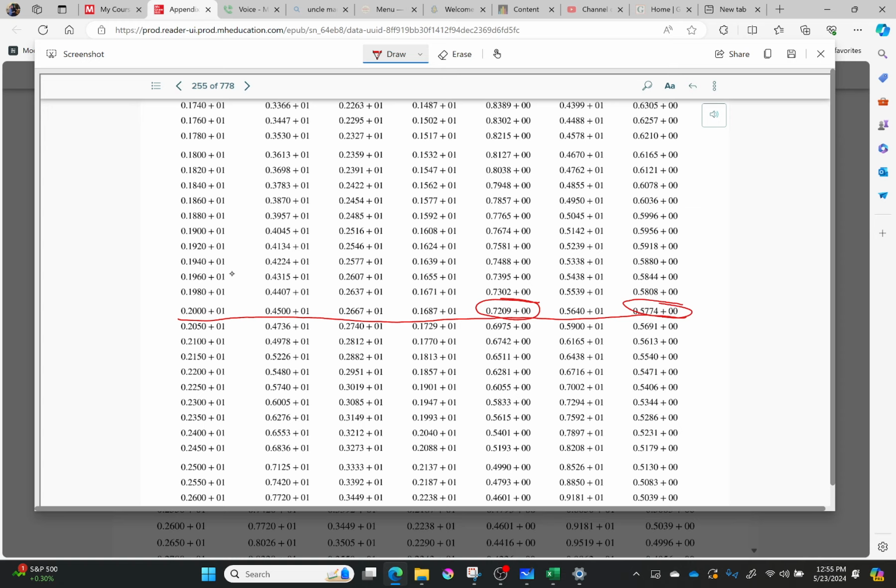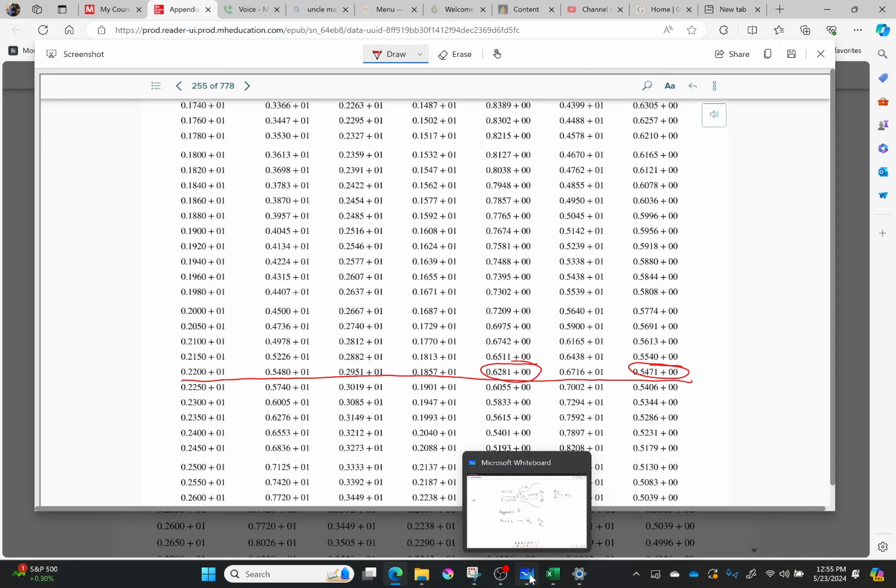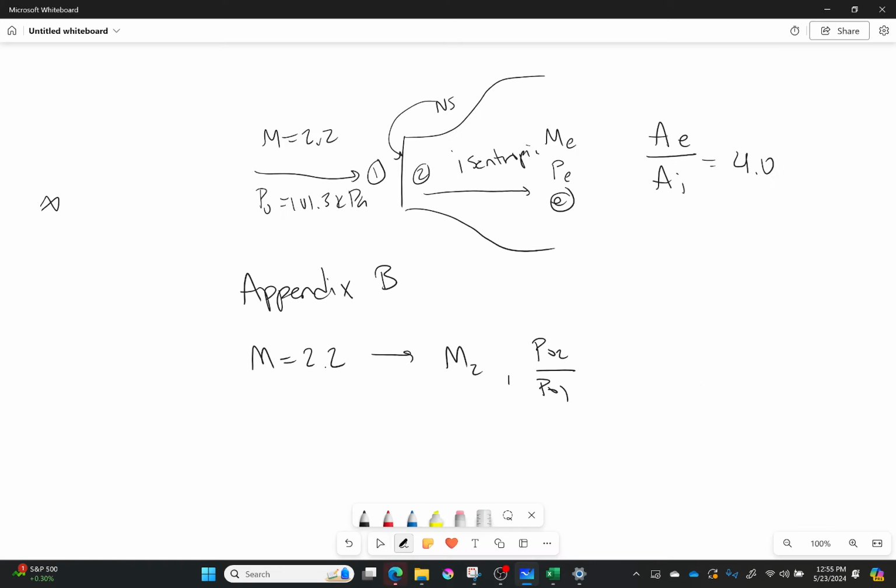So this is the value we need. This is the P02 over P01, and this is our Mach number after the shock wave. So P02 over P01 is equal to 0.6281.